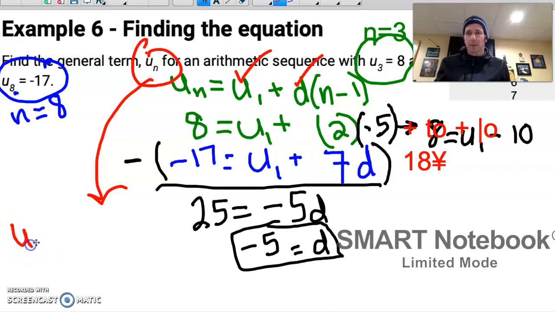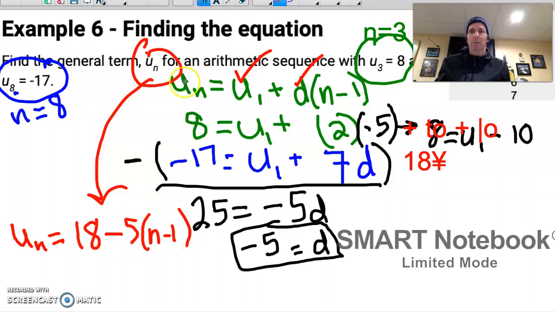I can now write u of n equals first term, which we decided was 18, plus, or actually, hold on, I have a negative 5, so I am going to change that to minus 5 times n minus 1.